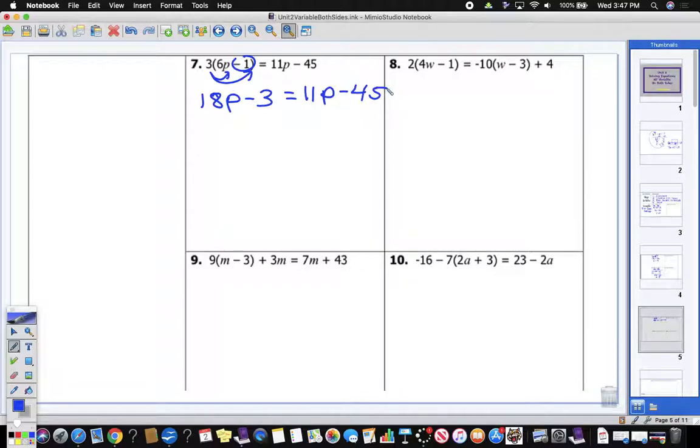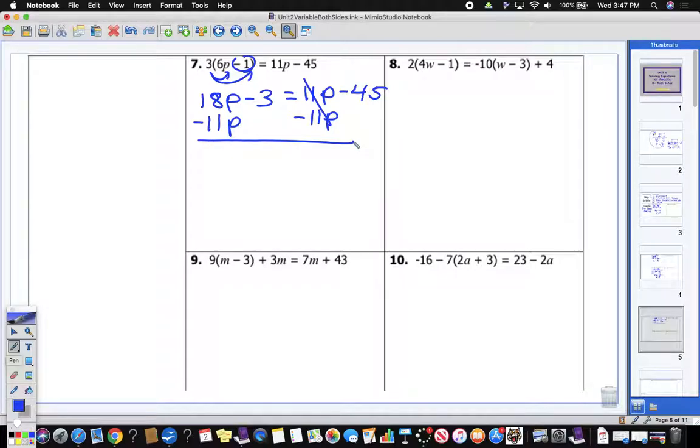Right? There's not any like terms on the left side of the equal sign, nor is there on the right side. So let's get all the p's on one side, pick on the small one. And in this case, we would subtract 11p, because 11p minus 11p cancels. So I do that same thing over here.